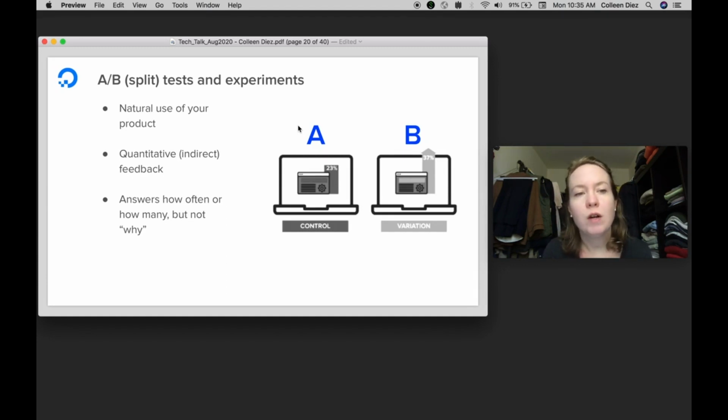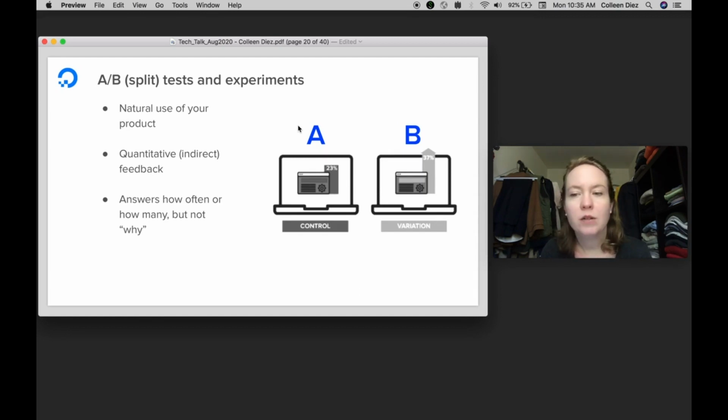So when you run a split test, this gives you a good sense of the natural use of your product, and it is quantitative feedback. So it's indirect feedback. People are not directly telling you what they're thinking about your experience or your product, but they are showing you with their behavior how they will react to either the messaging on your site or very particular features.